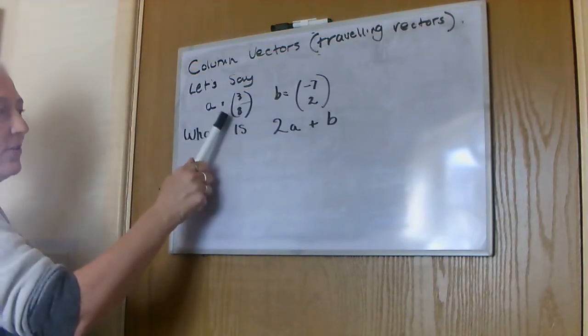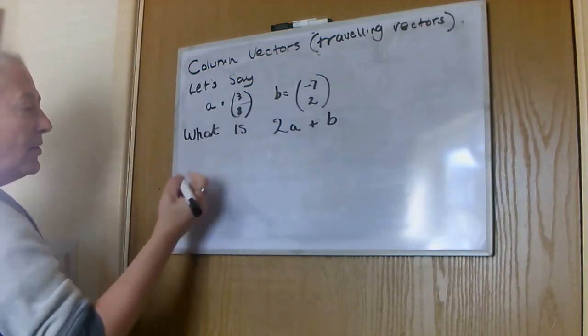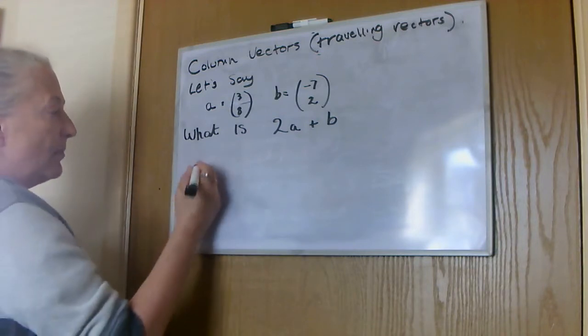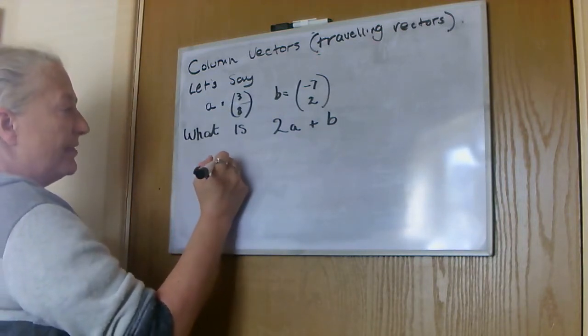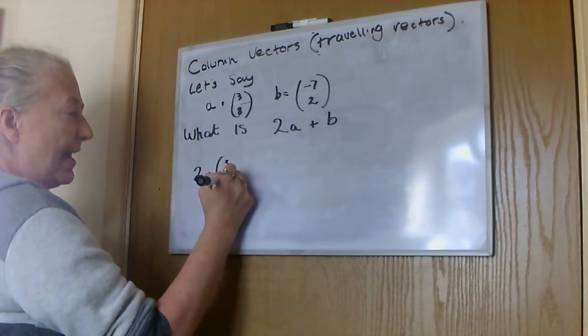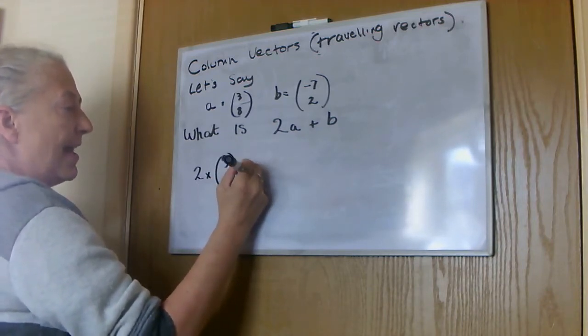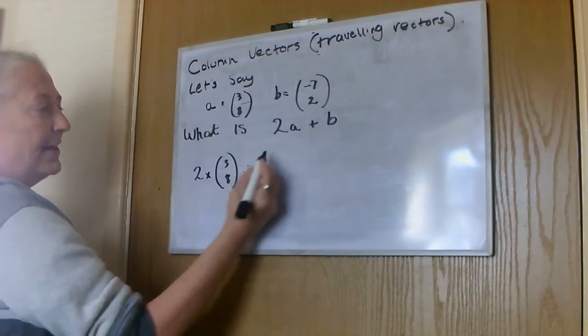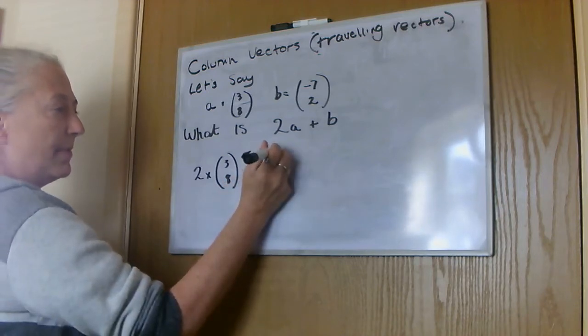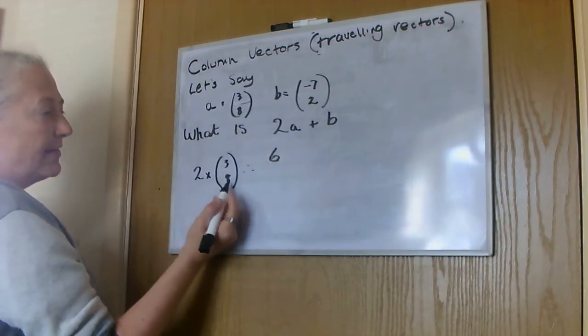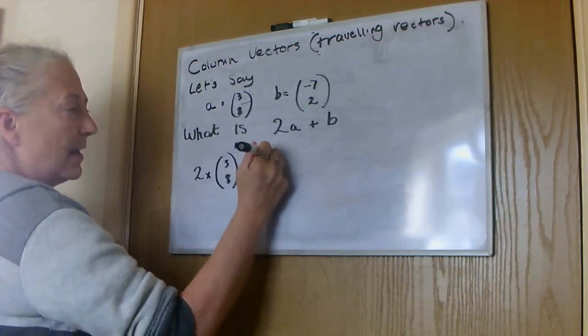Well, we need 2 lots of these. So this is how I'd set it out. I would go 2 times 3, 8 is therefore 2 times 3 is 6. Oh, no, that's clear for you. 2 times 8 is 16.